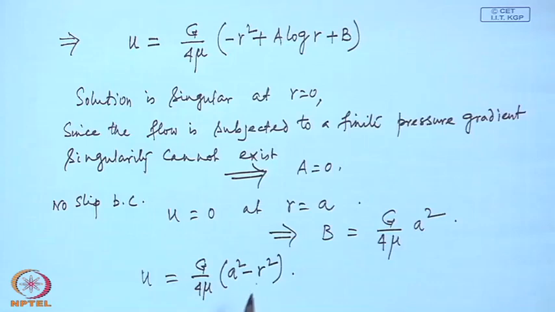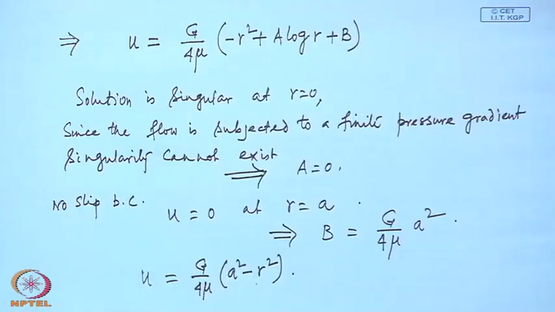You can see that it is a parabolic distribution, or a paraboloid if we consider the entire pipe. Sorry, in the initial solution, B is inside the bracket and B is again G by 4 mu A square.